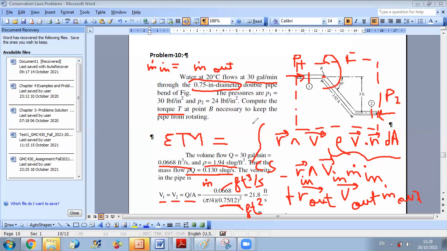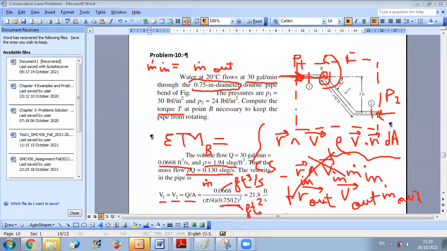At the inlet, don't forget your point of interest is point B, so you will apply the sum of moments about B. For the inlet, the vector m dot V will not have any moment about B, since this vector is passing through B. This is why our inlet R vectorial V inlet will be 0. So this term will cancel out, since this vector doesn't have a moment about B.